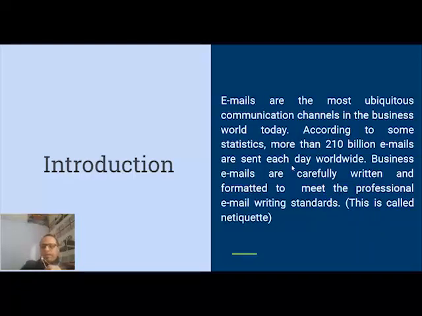I mean, netiquette is basically online politeness. Online politeness. So what should we do to achieve that netiquette? What are the things that we need to implement? Of course, in terms of form and content, that's what we are going to see with the upcoming slides.